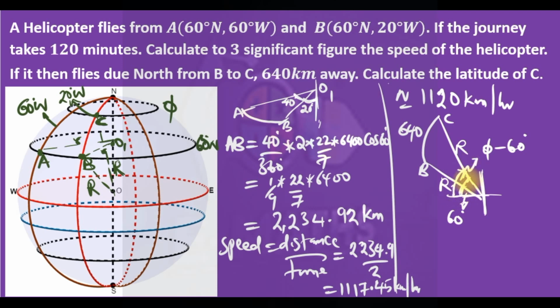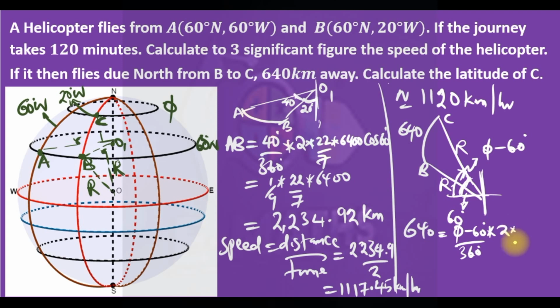The angle between B and C is now phi minus 60 degrees. So the latitude of C must be greater than B. They gave us that the distance between B and C, which is 640, is equal to the angular difference, phi minus 60 over 360, times 2 pi big R.